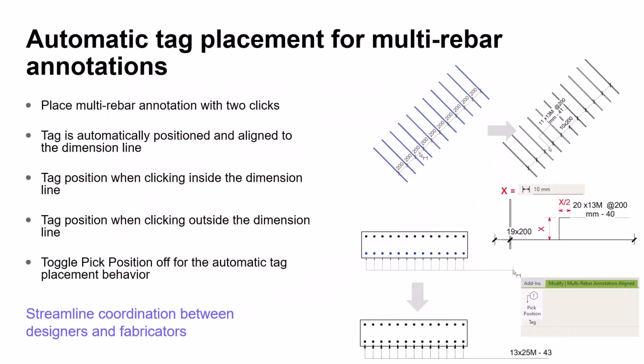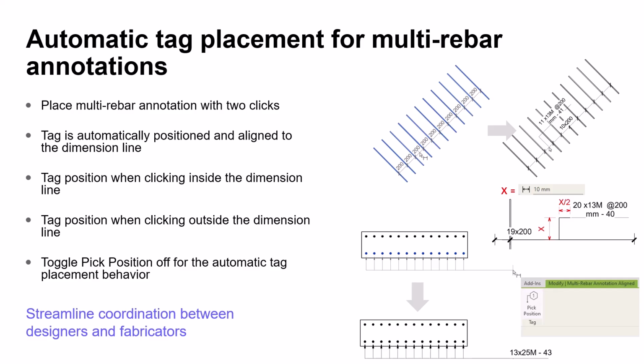Then we have automatic tag placement for multi-rebar annotations, which again speeds up the documentation process by aligning tags with just 2 clicks, and tags position automatically on dimension lines, adapting whether you click inside or outside the reference area.